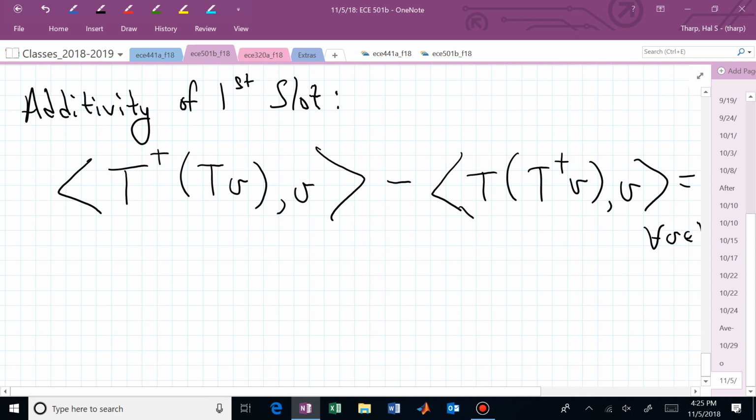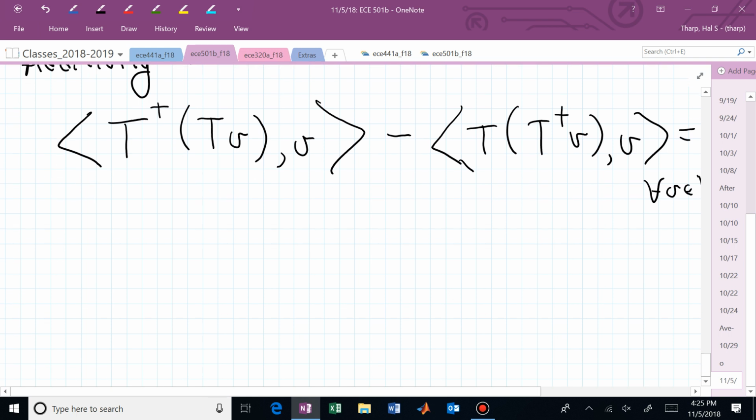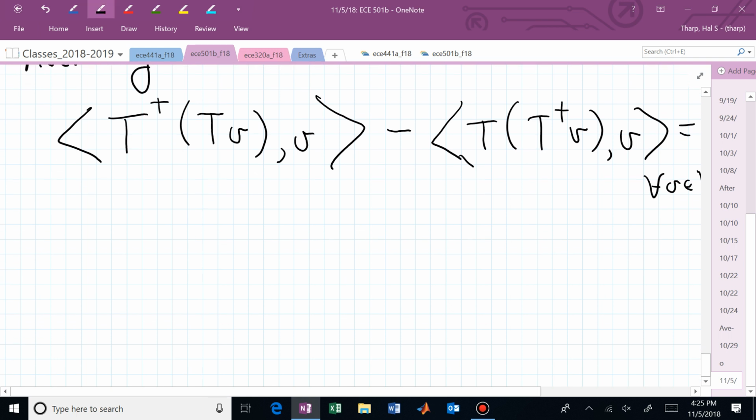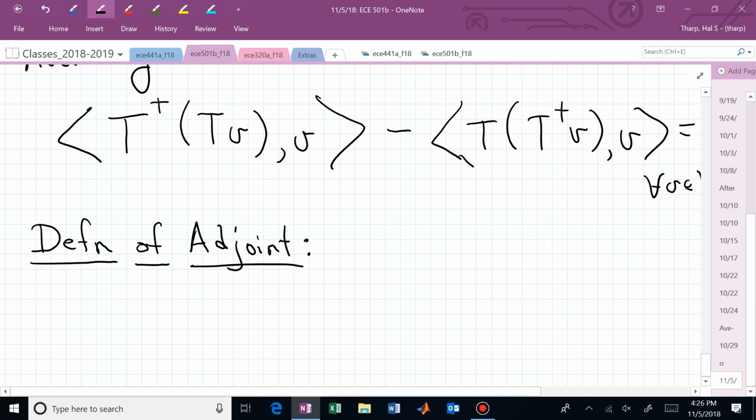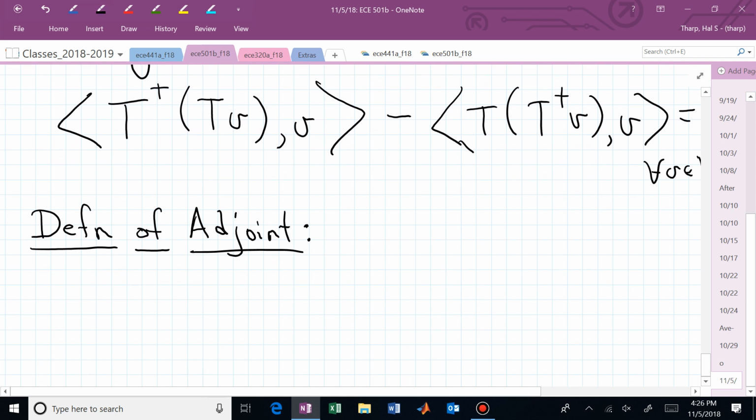Okay, now let's go back to the definition of the adjoint. Luckily, those at home are not seeing the animation that is taking place in class with somebody up front. Let's now apply the definition of the adjoint. Meaning, let's take this first inner product and move that first operation, that T dagger, into the second slot. And what does that look like? I have to dagger it, right?